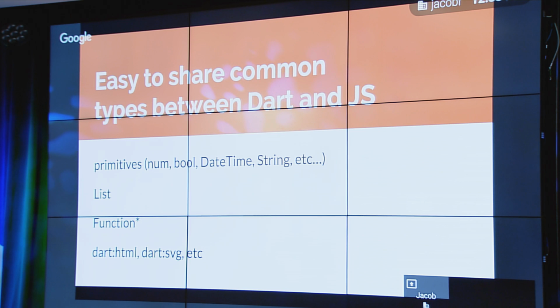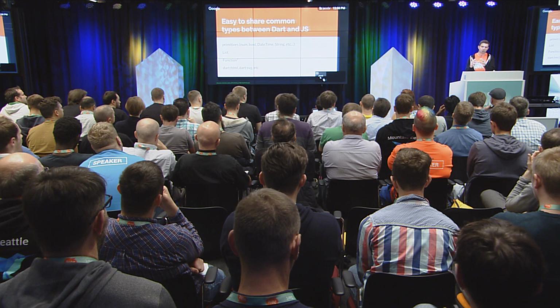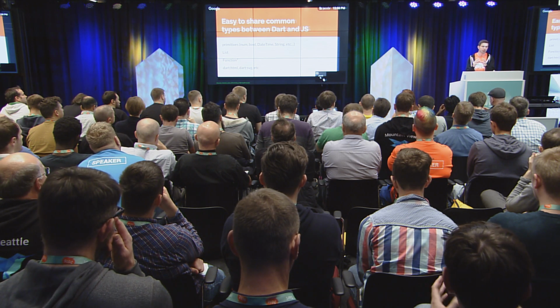So here are some of the types you can share between Dart and JavaScript using package:js without ever having to worry about conversions or wrappings. The only case we can't make as seamless as we'd like is passing a function from Dart to JavaScript. For this case, you do have to call allowInterop on a function. After you do that, it becomes a function that's safe to use in both Dart and JavaScript.